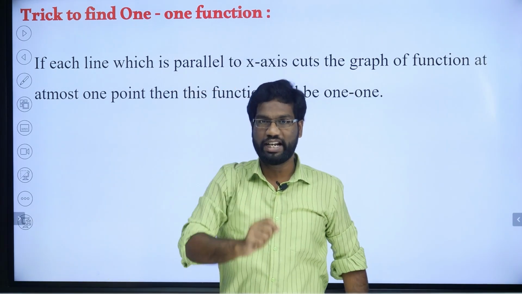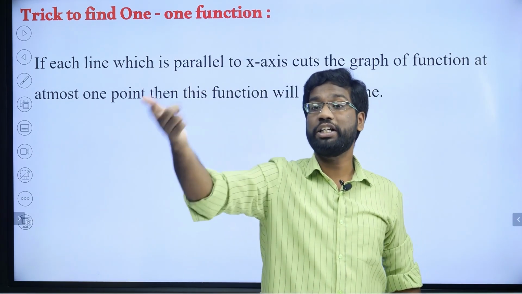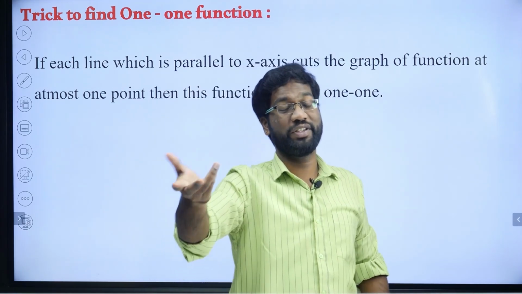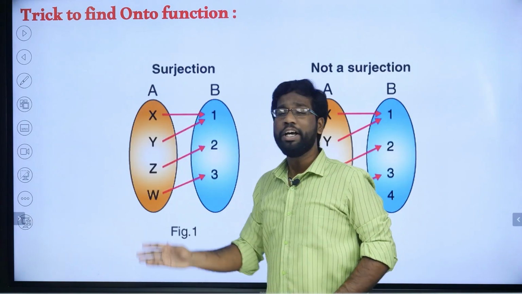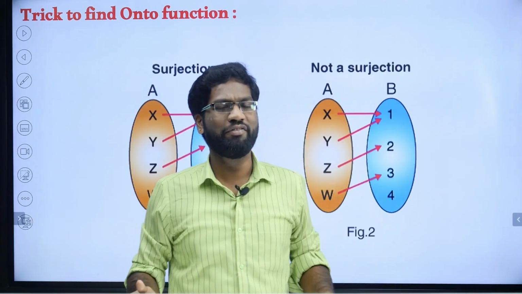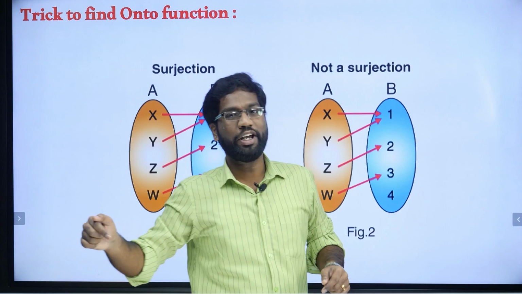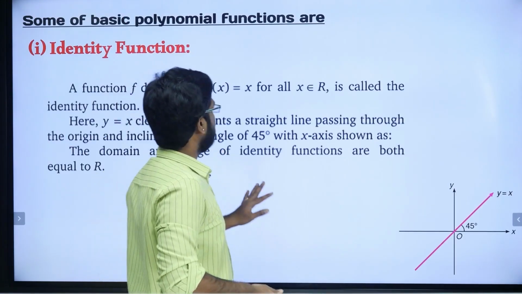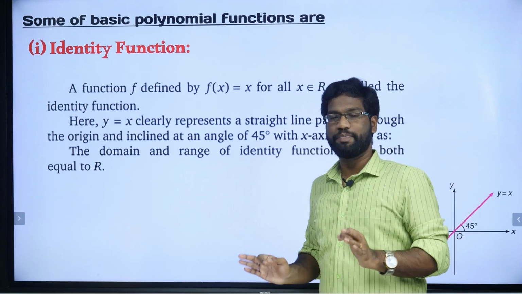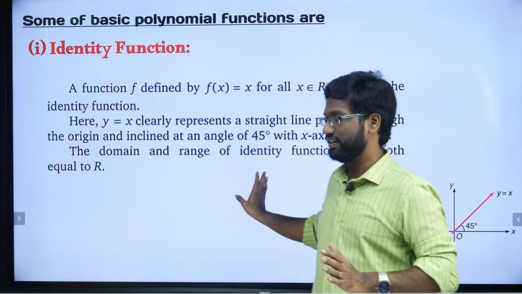Once I have drawn the graph, we can tell whether that function is one-to-one or not. The same trick for onto functions I have also explained. Don't worry, in this lecture I will again explain for x square how it happens. So these are the things from the first lecture.